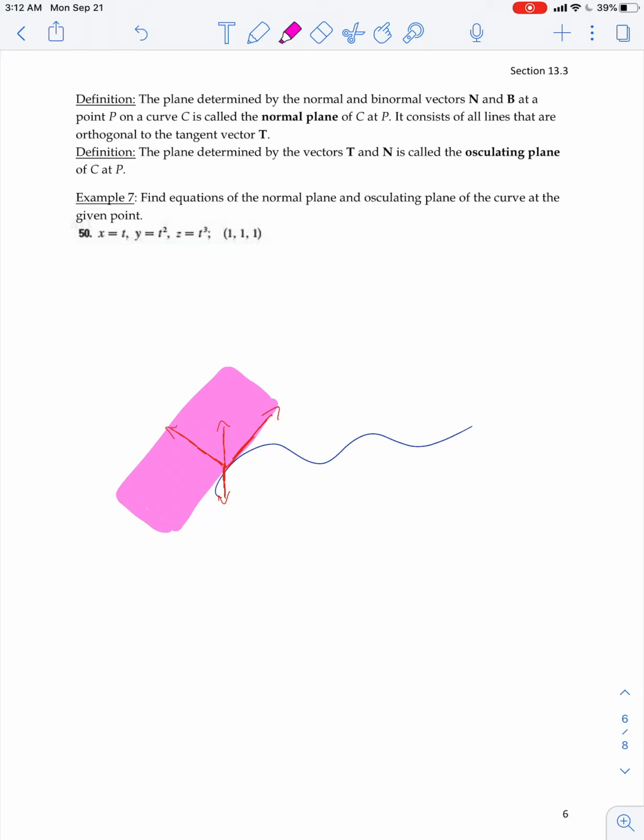The vector that's going to be orthogonal to that plane would be the binormal vector, which stinks because now, in order to find a vector to use for the equation of the plane, we have to find the binormal vector. In order to find the binormal vector, we have to find the normal vector, and we have to find the tangent vector. So finding the equation for an osculating plane is not going to be quick. It is going to take some time. So let's not waste any more time explaining and actually do it.